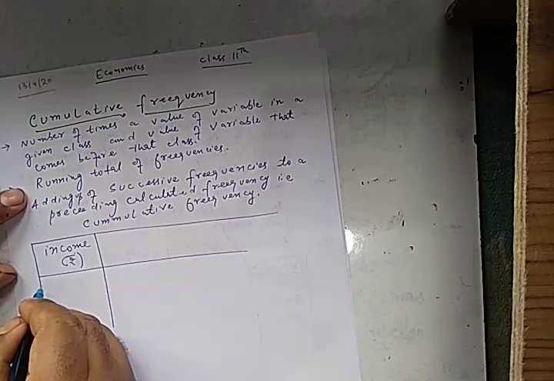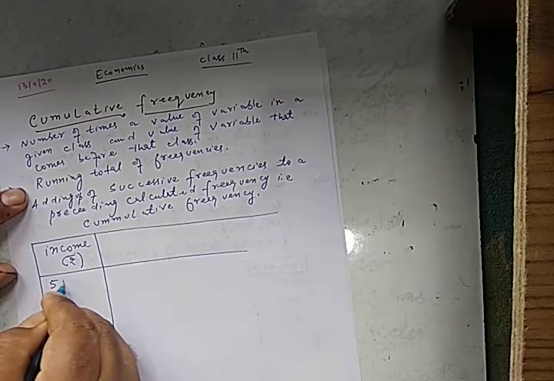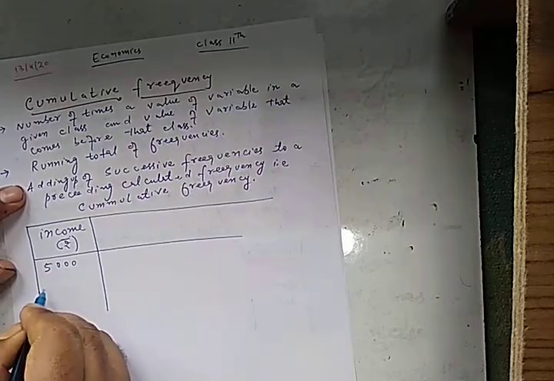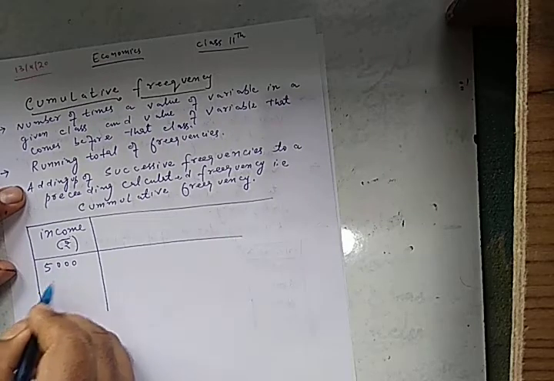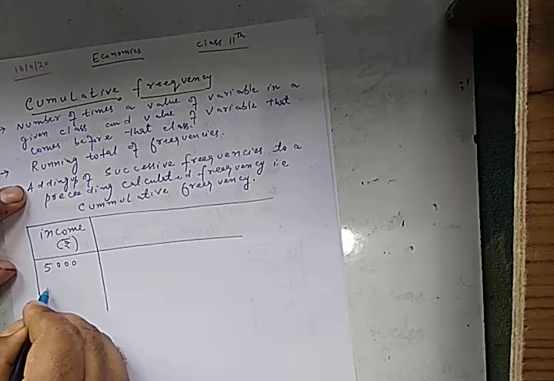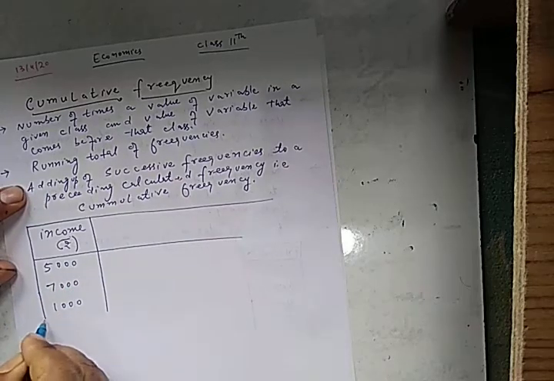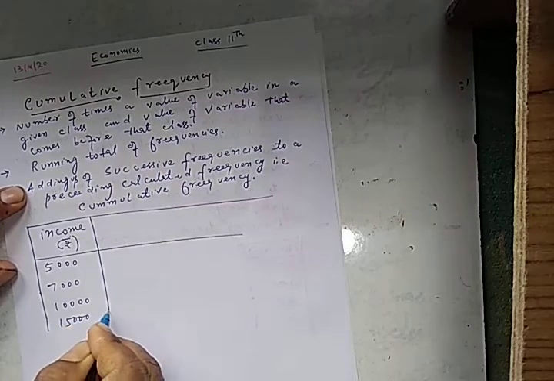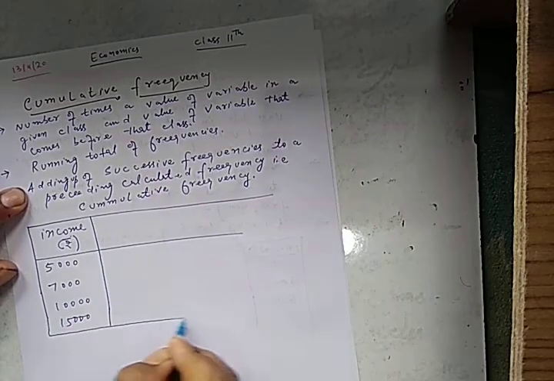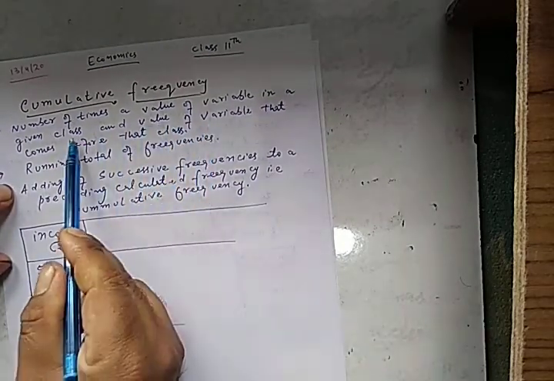The first income group, or the first income class, starts suppose from 5,000. The next class, or next income group, suppose it is 7,000, 10,000, and lastly it is the 15,000 income class. Therefore, I have used the term class here.